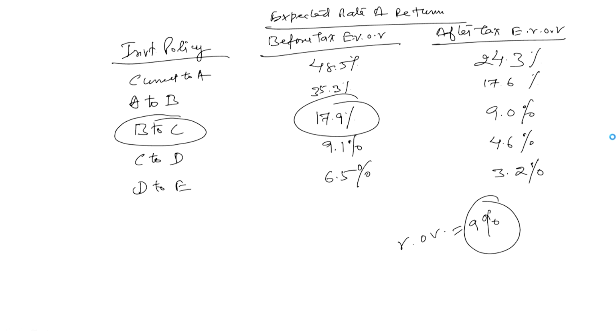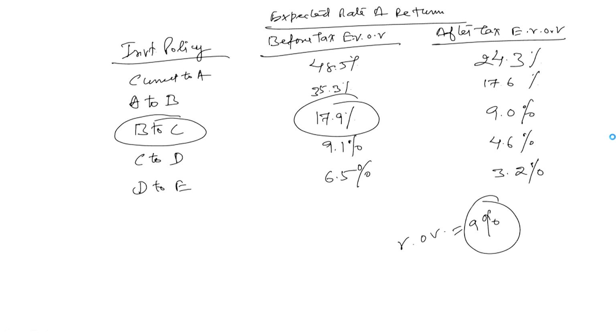So, we can say here that if it is not 9%, to be on the safer side, it may be possible that the cost of capital may also increase, or the carrying cost also increases, or sometimes the investment in net working capital or other assets may also increase.